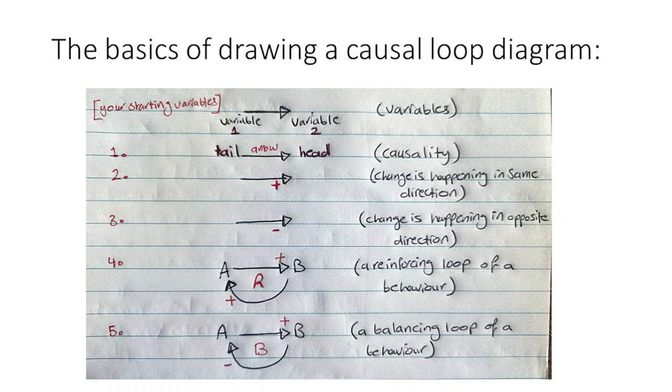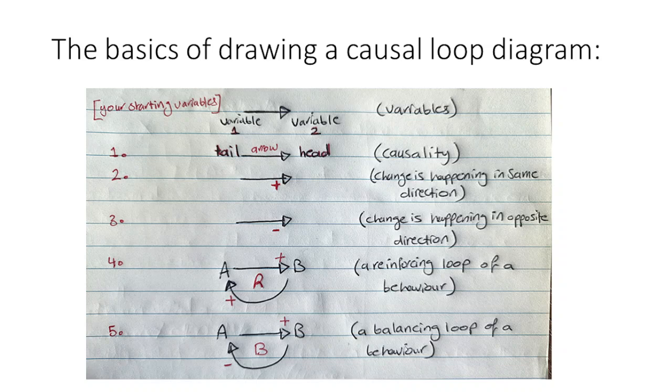The minus sign near the arrowhead indicates that the variable at the tail of the arrow and the variable at the head of the arrow change in the opposite direction. Okay? If the tail increases, the head decreases. If the tail decreases, the head increases.